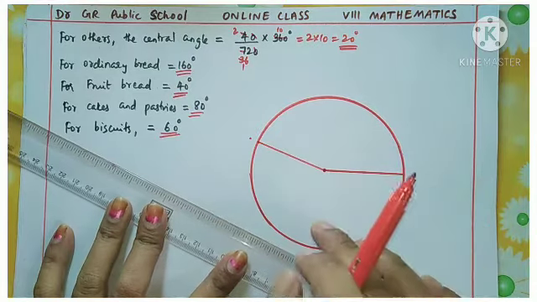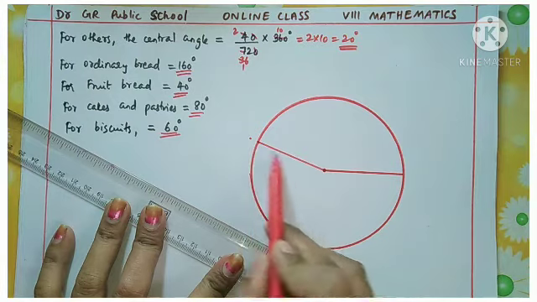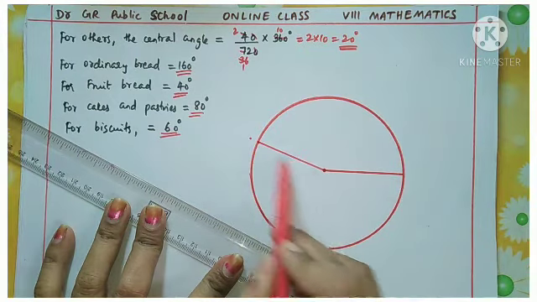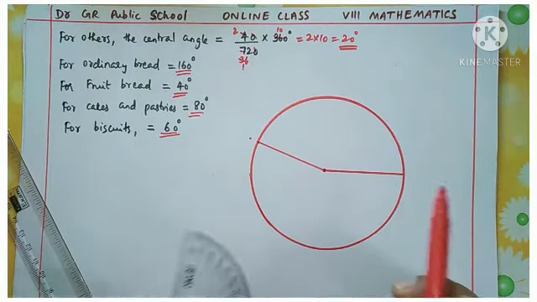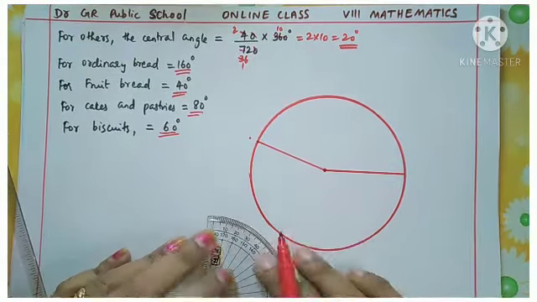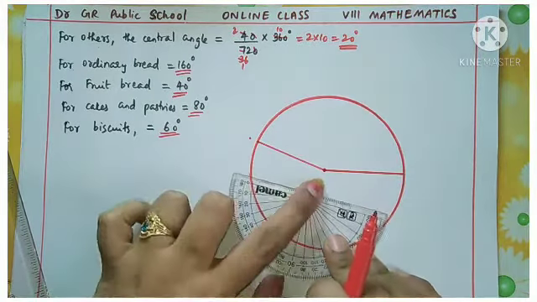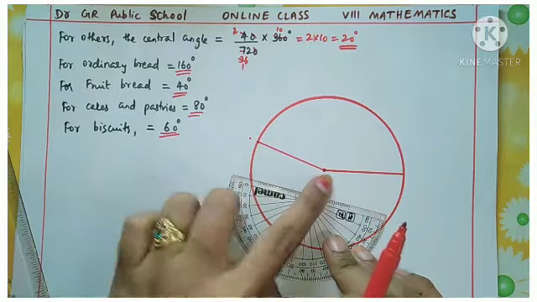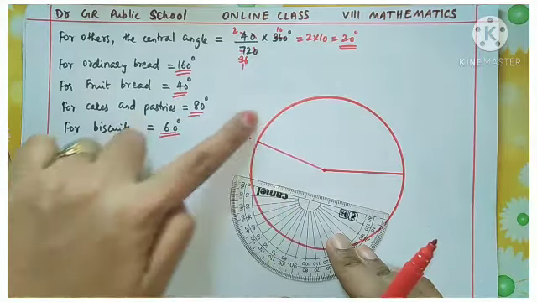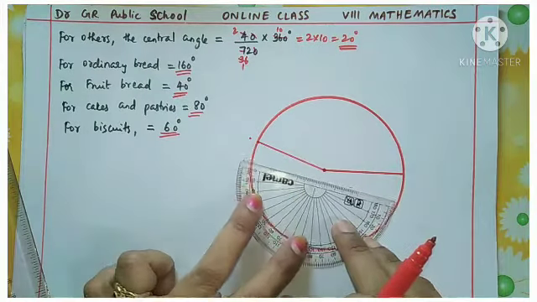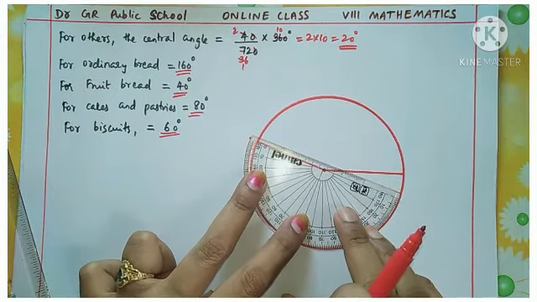Now this is your next line segment, and now we are going to construct for fruit bread. You can keep your protractor here. Either you can take this line segment or this line segment, any line segment you can take. Because I told you I am going in the anti-clockwise direction, I am taking this center and this line.